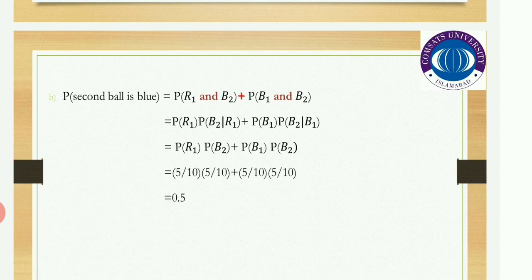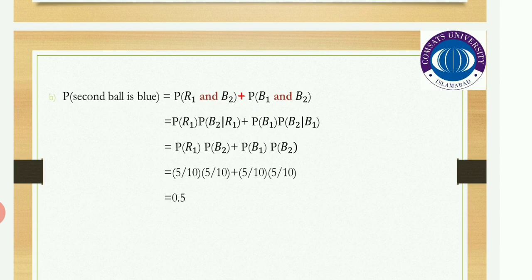So it could either be a red ball or it could be a blue ball. We have two cases. The first one is that the first ball is red and the second ball is blue, or the first ball is blue and the second ball is also blue.